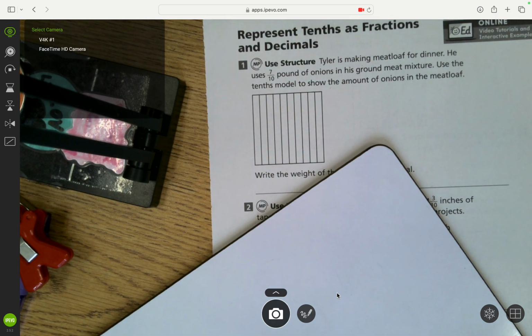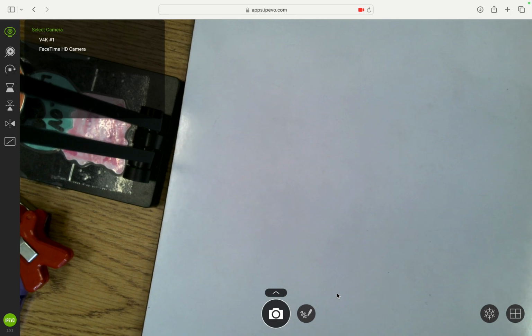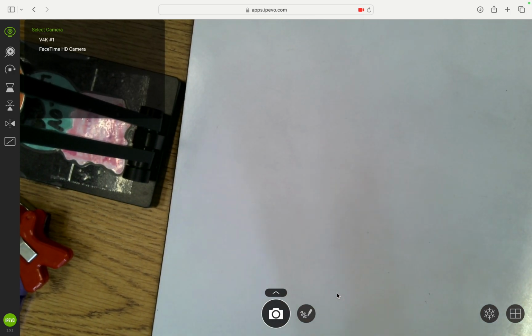So today we started learning about decimals. And remember, I told you, similar to fractions, decimals represent a part of a whole.